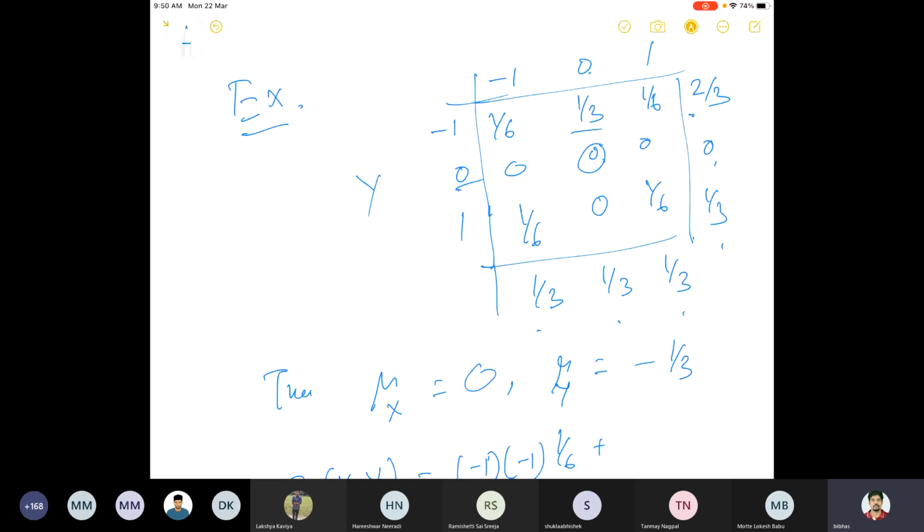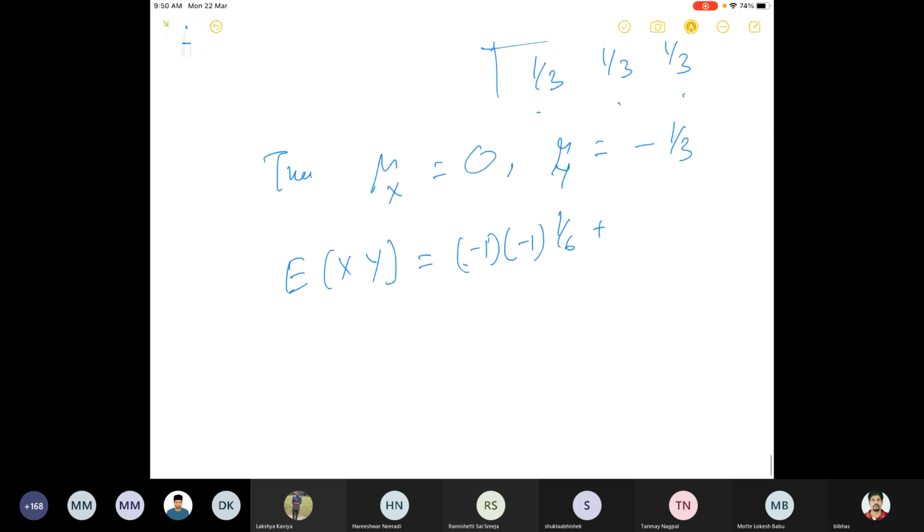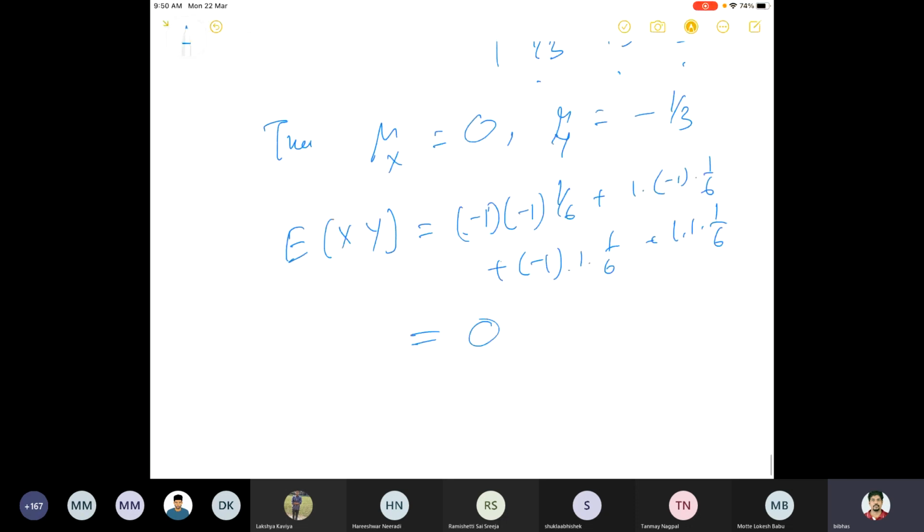Only these I have to calculate. So this will be nothing but 1 times minus 1 times 1 by 6, plus minus 1 times 1 times 1 by 6, plus 1 times 1 times 1 by 6. So then this will be 0.